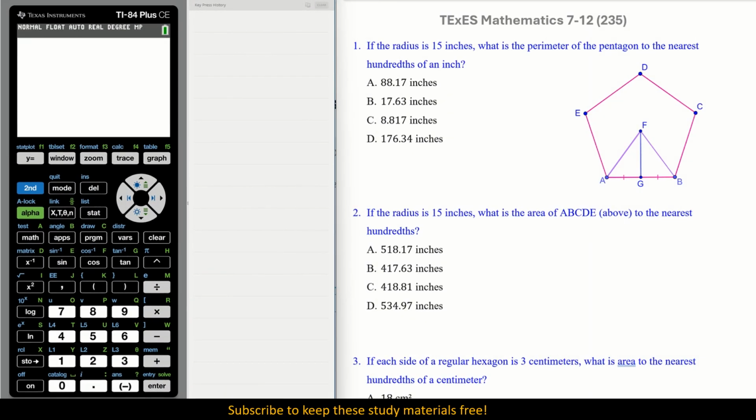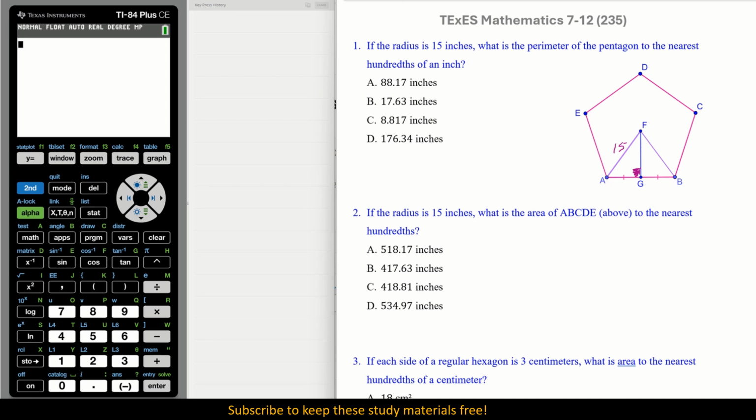Number 1, if the radius is 15, what is the perimeter of the pentagon to the nearest hundredth of an inch? Okay, so this would be 15. And I know some other things about this. I know that this is a right angle. And I also know that if I go all the way around F, that's 360 degrees.